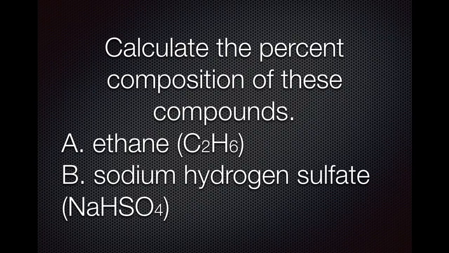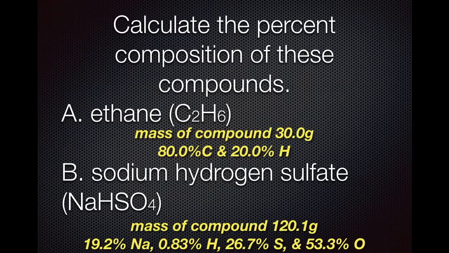Then you have your sulfur, which is 32.1 divided by 120.1 times 100, which gives you 26.7% sulfur. And lastly, the oxygen, which you have 64 grams of. So 64.0 grams divided by 120.1 grams times 100 gives you 53.3% oxygen. So again, this should be the final answer for the exit ticket that you guys did the last time we were here.